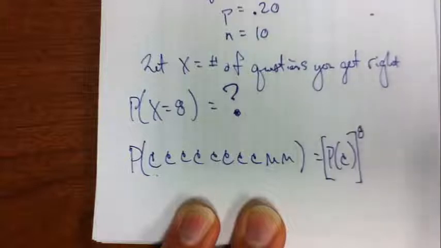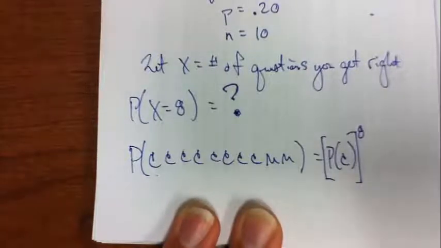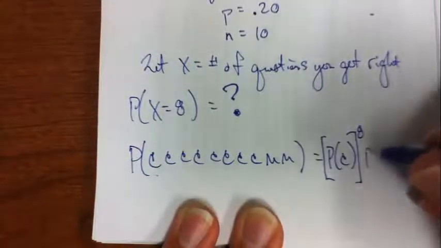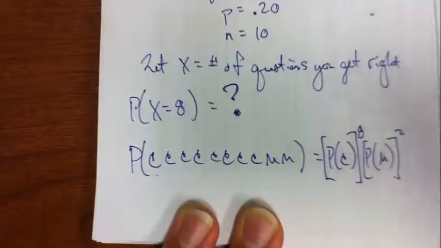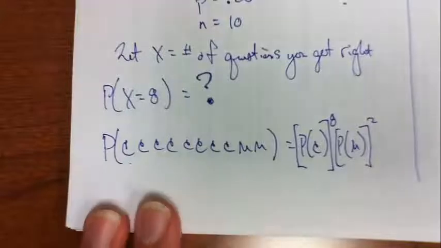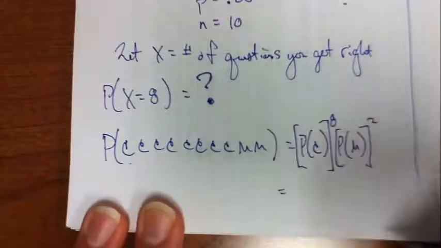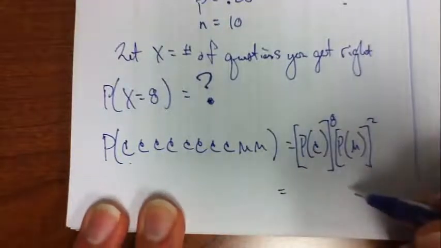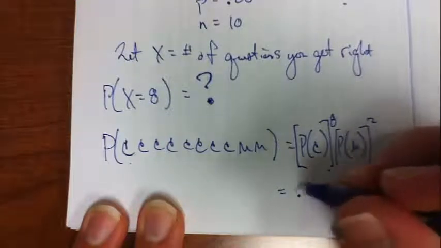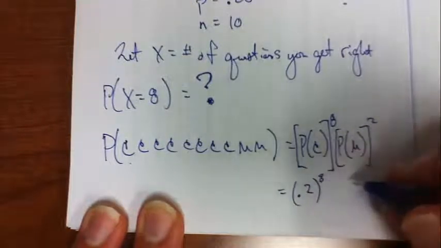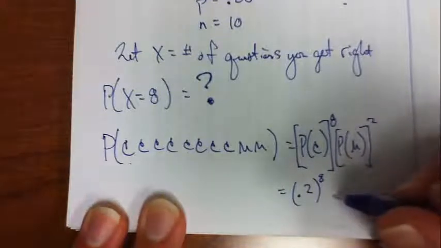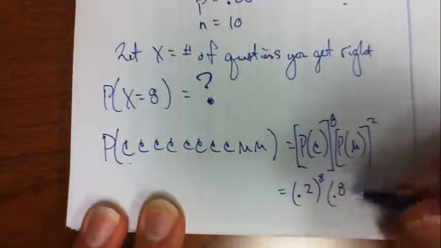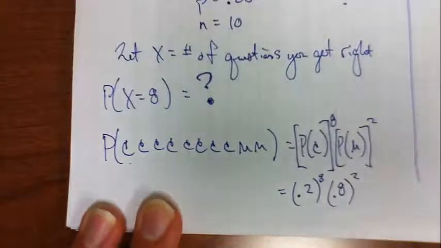It's the chance of getting one correct raised to the 8th times the chance that I miss raised to the 2nd. The chance that I get one correct is 20%, so 0.2 to the 8th times, what's the chance that I miss? By the rule for complements, it's 0.8 raised to the 2nd.